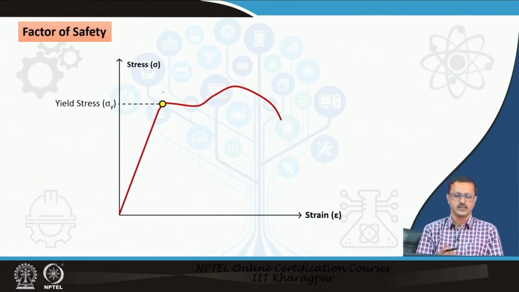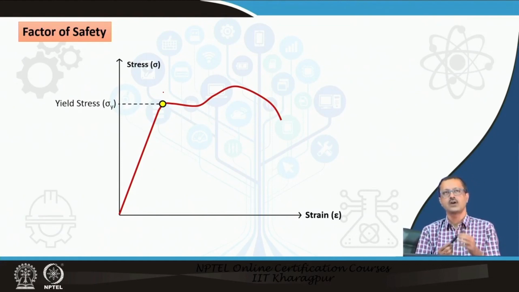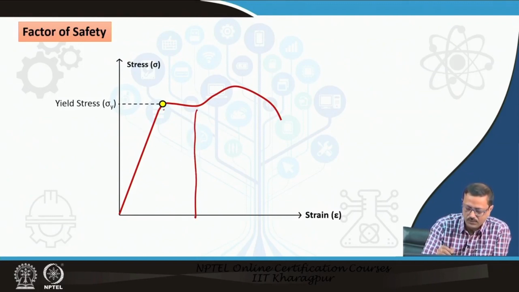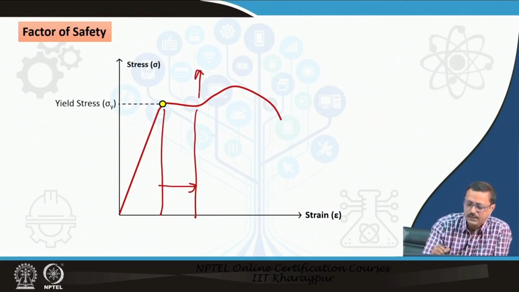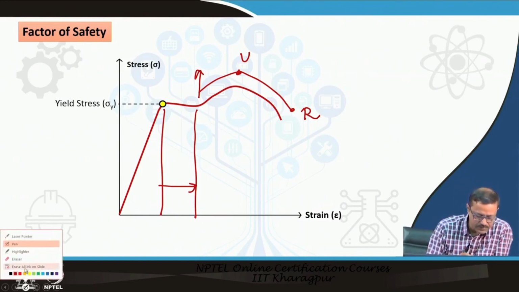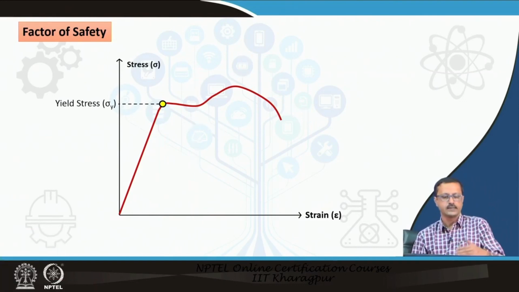If you increase the load on the sample, it will not increase the stress, but suddenly the strain is going to increase like this. Again it takes some stress and then goes to ultimate, and then it is going to rupture. But if I want to design something, the yield has been taken as one of the criteria.